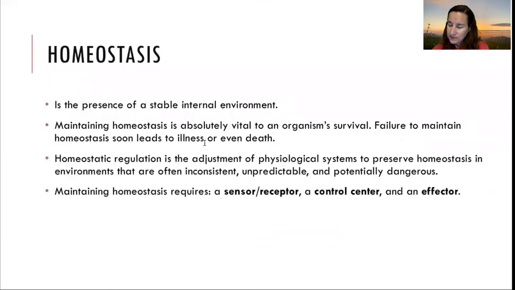So homeostasis is the presence of a steady state, keeping a stable internal environment in this steady state. We're going to regulate this steady state by three major parts. So we're going to have some kind of sensor around our body.